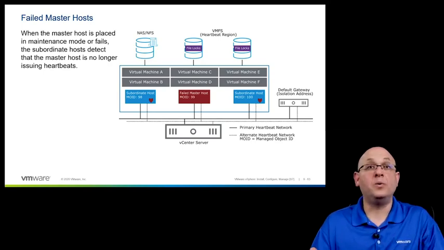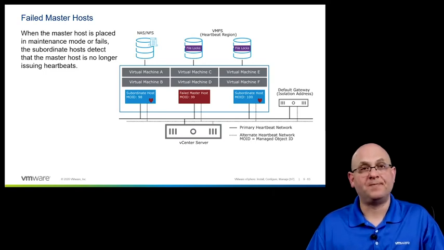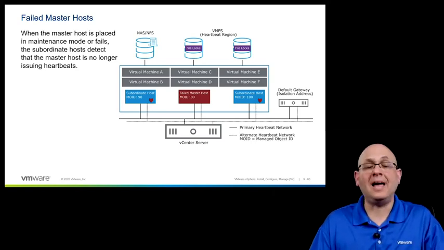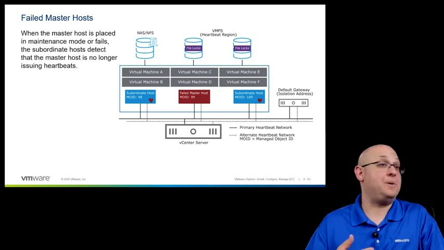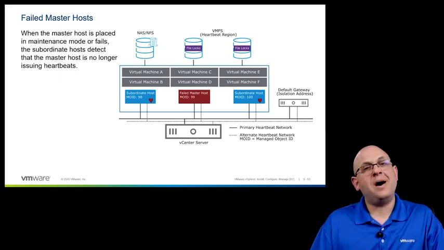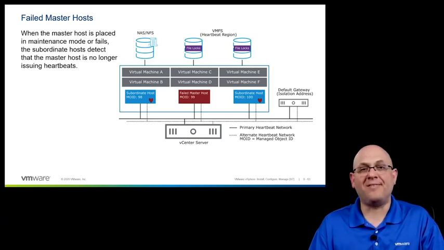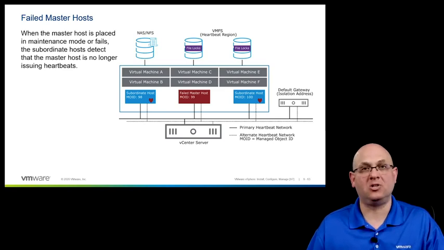Okay, so what do we do? Well, we hold a new election for a new master host. And a new master host being elected will then attempt to become that master host and do all the stuff it's supposed to do. But the new master host has to verify that it actually is supposed to be the master. In other words, that we haven't had a network isolation.